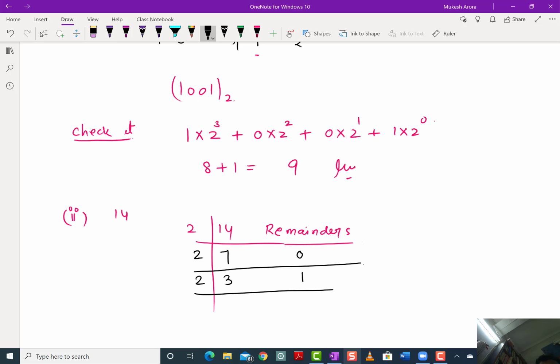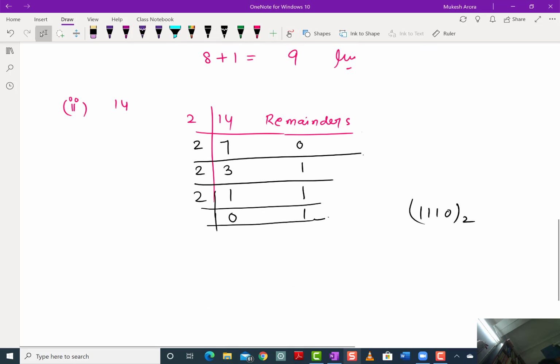Again divided by 2, 3 divided by 2 is 1, and the remainder is 1, and the last one will be 0. The remainder will be, so it will be 1110 with the base 2.